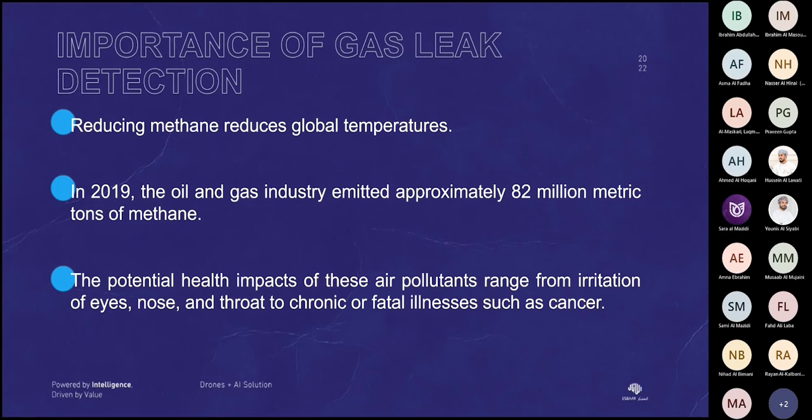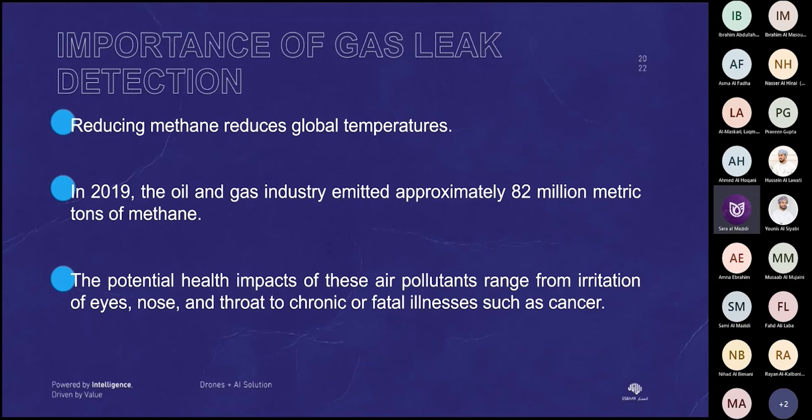So first, of course, natural gas is composed mostly of methane. So we are referring to methane when we refer to gas leak detection. Methane is a powerful greenhouse gas. The global warming potential of methane is 80 times greater than carbon dioxide, or CO2.